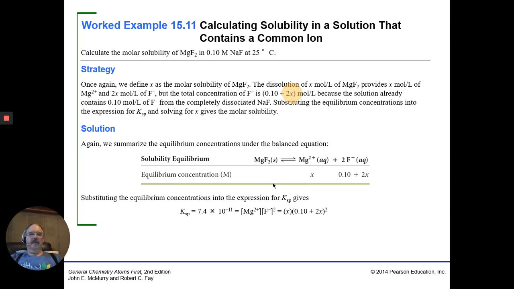Unlike the previous problem where fluoride was just 2x, this is going to be 0.1 + 2x. The 0.1 is from the added sodium fluoride. So we substitute x into our equation. We substitute 0.1 + 2x, and we need to square this term.